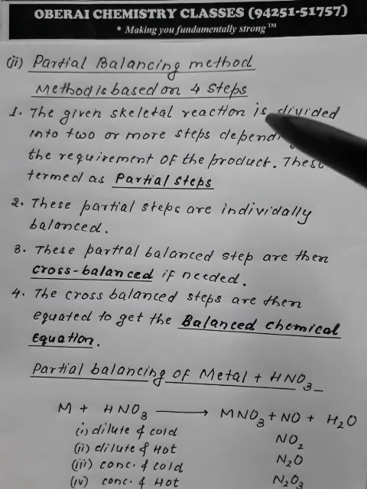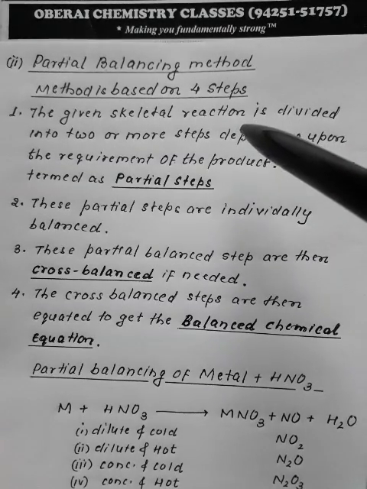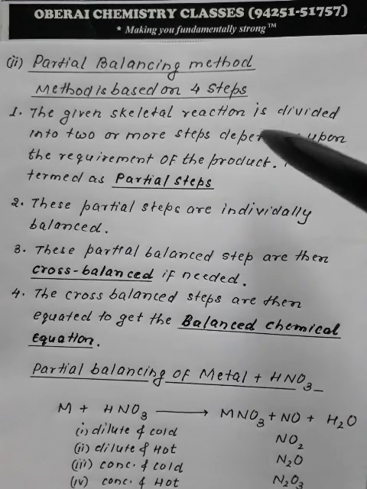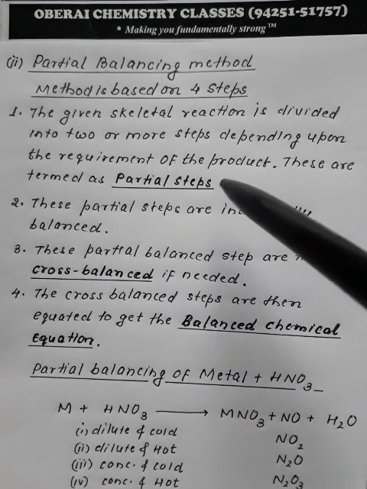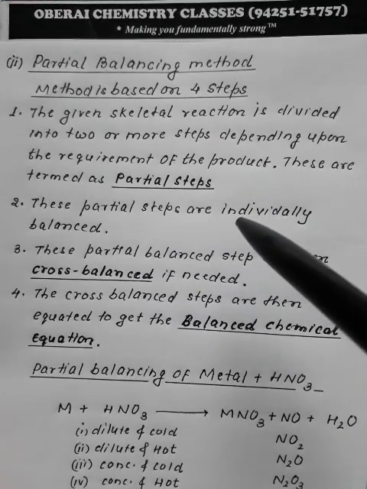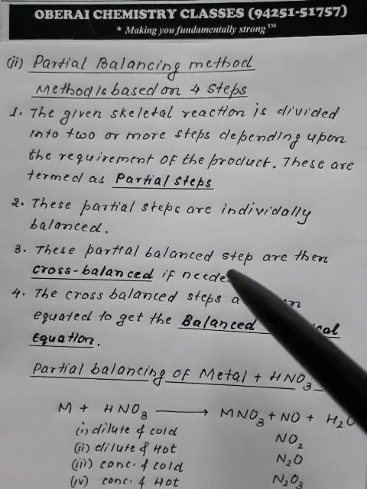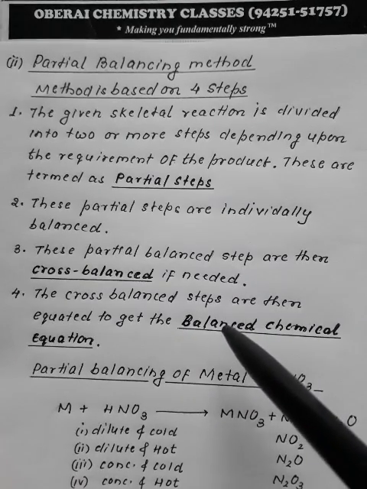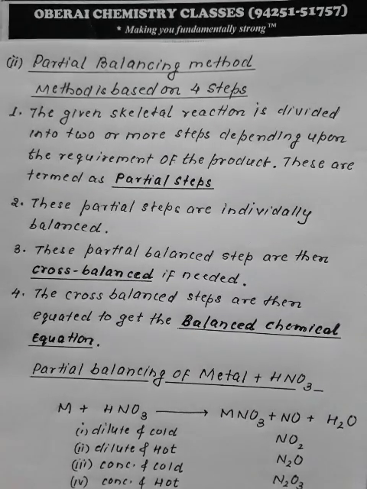First, the given reaction, which is called the skeletal reaction, is divided into two or more steps depending upon the nature of the product. These are termed the partial steps. These steps are then individually balanced. If needed, then these are cross balanced. And then finally, the cross balanced steps are equated to get the balanced chemical equation.